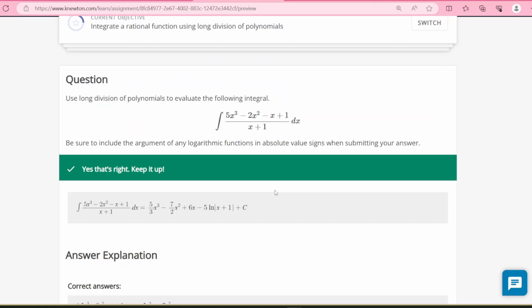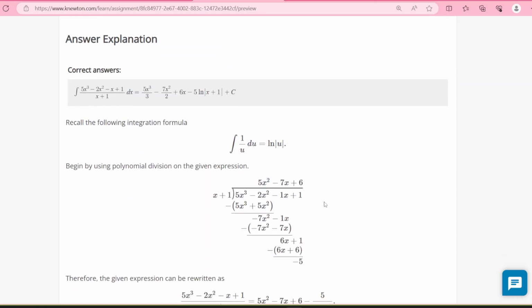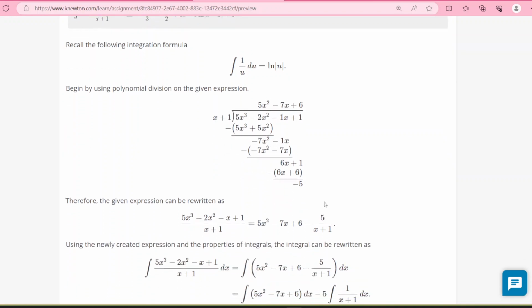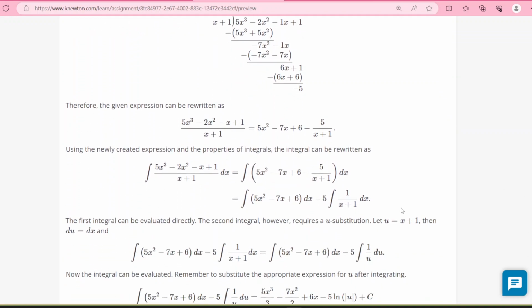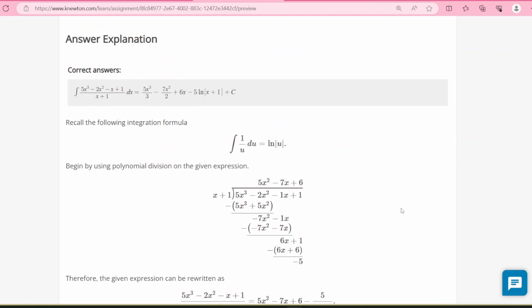Now, after every question, you are given an answer explanation, whether you are correct or incorrect. I'd recommend reading through them, or at least skimming through them either way. If you're correct, but they do it some other way that you like better, which it doesn't look like they did any differently than I did, you might want to try that for future problems in this objective.